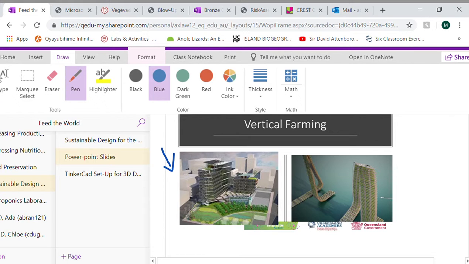On the right-hand side, we have another vertical farm, but this time it's in Singapore, and they've decided that they're going to place it in the Singapore Bay, so just on the water, and it's going to be using a water generator to power that plant.